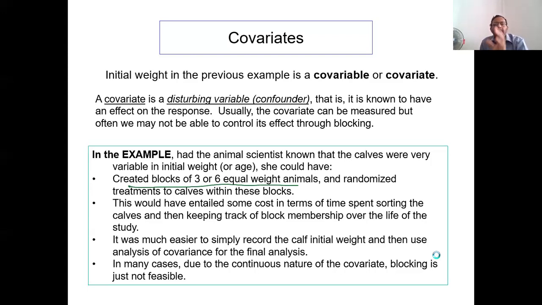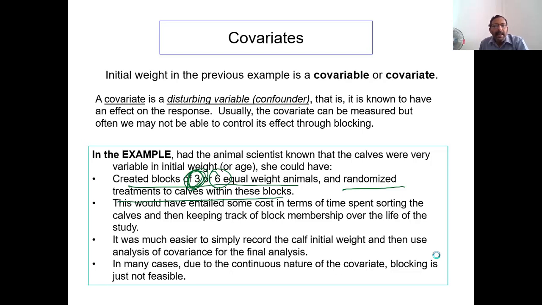We can create 3 animals per block or 6 animals per block, right? So it is called replicated RCBD. We didn't learn about that. If it is 6, it is called replicated RCBD. So we didn't learn that, right? So you see 3. If you create 3 animals for each block, then normal RCBD can be applied in a usual way.